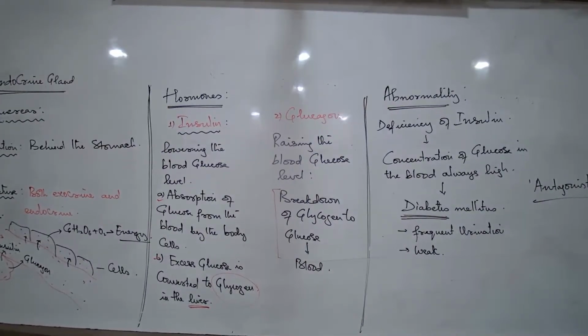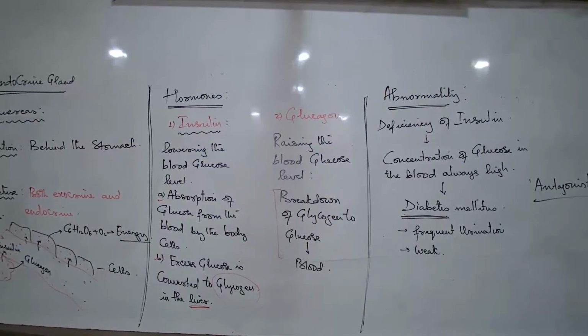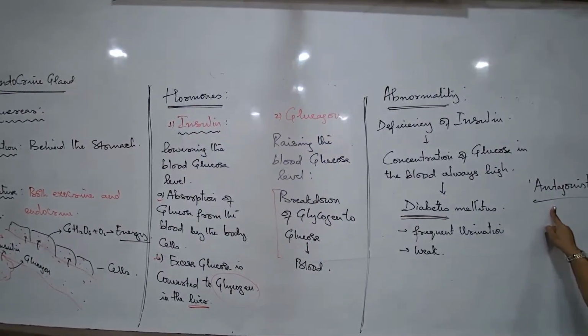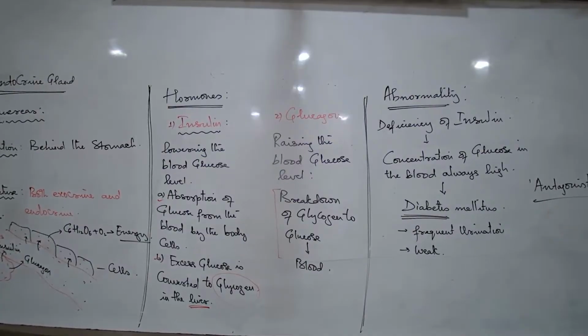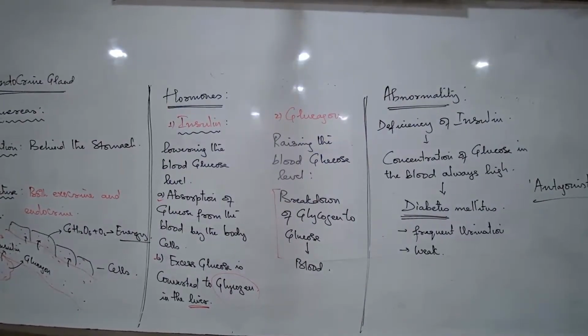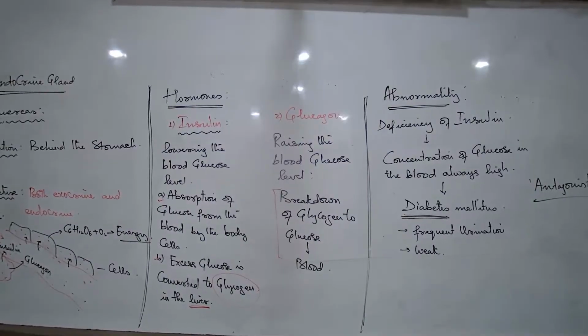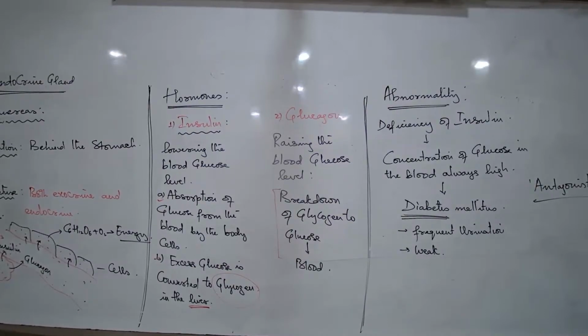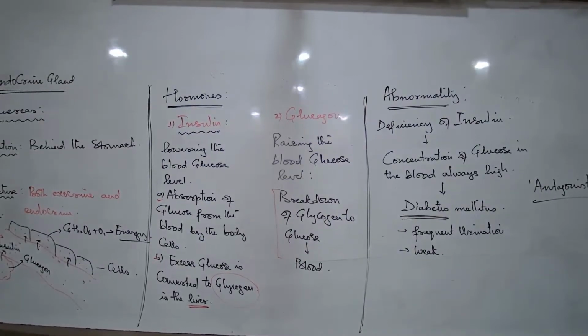Okay, let us complete this question. Insulin and glucagon are antagonistic hormones. Explain. Antagonistic means whether it is muscles, hormones or enzymes, if their functions are opposite, they are always known as antagonistic. Write down the answer.